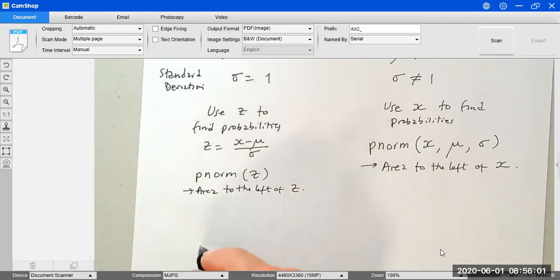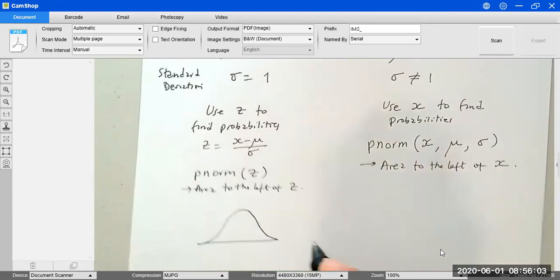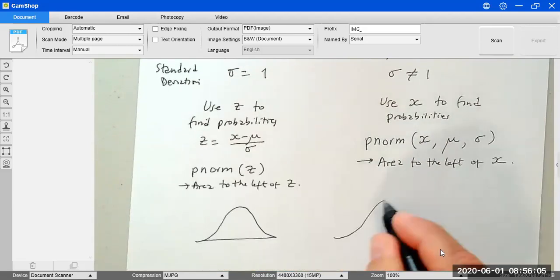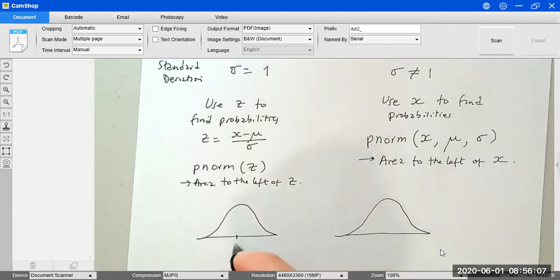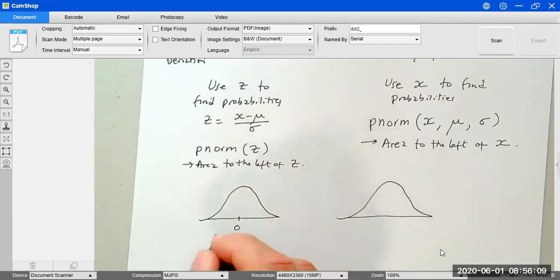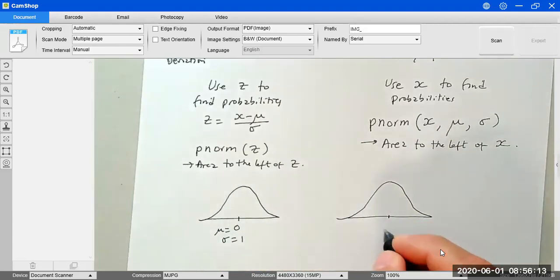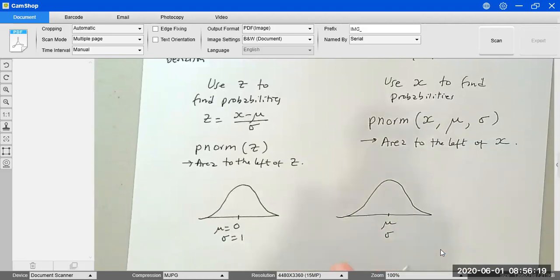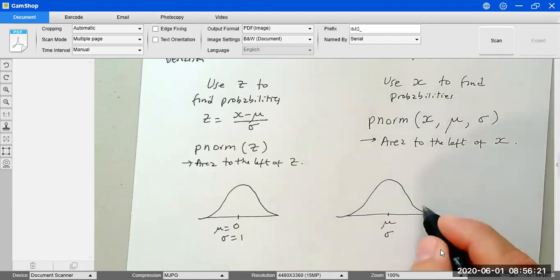So we have the standard normal distribution, where the mean is 0 and the standard deviation is 1. Here, for the normal distribution, you just have the mean and the standard deviation be any values, and there are equations for these curves.